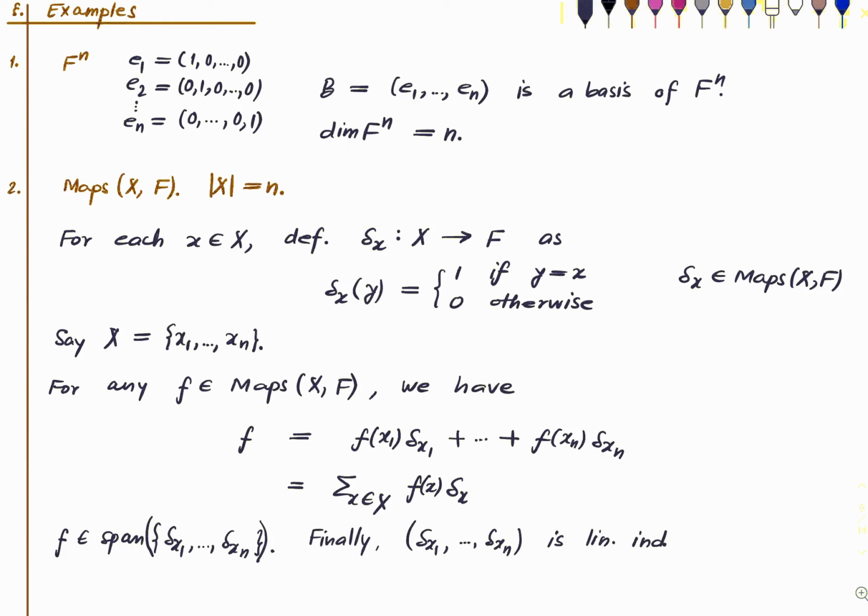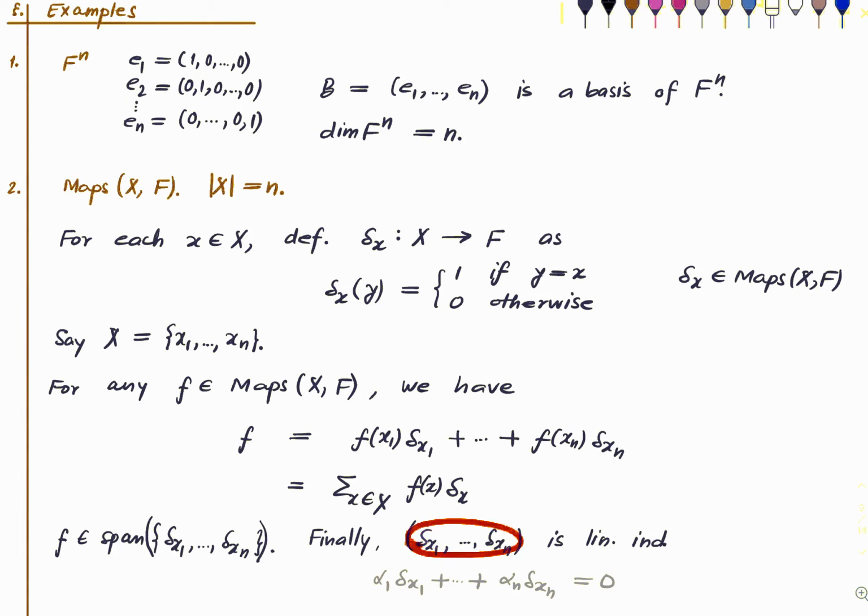Why is that? Just assume some linear combination vanishes. If this vanishes, then what does that mean? This as a function vanishes on every point of X. Substitute x1 in place of it, you will see that alpha 1 must be 0. Substitute x2 in place of it, you will see that alpha 2 must be 0, and so on. So everything must be 0. And that's it. So this is a linearly independent list.